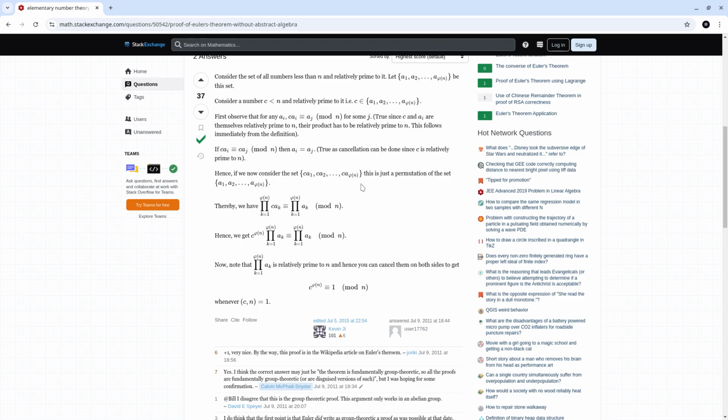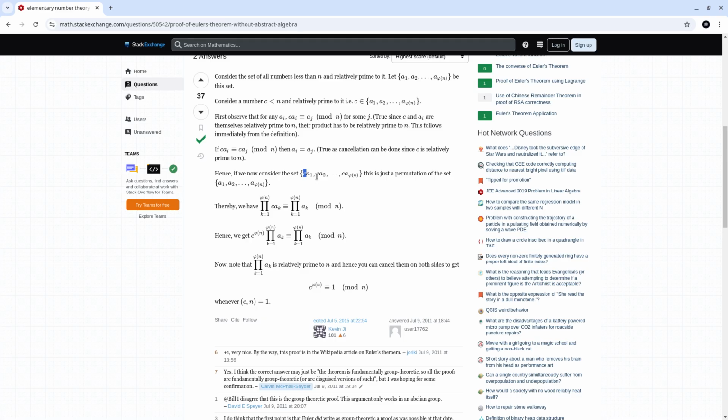If you take some element c and multiply it by some other element inside of the set, you're going to get another element in the set. And by definition, it doesn't even have to be unique c's. It could be the same c value that you're using, which is quite literally the definition here.